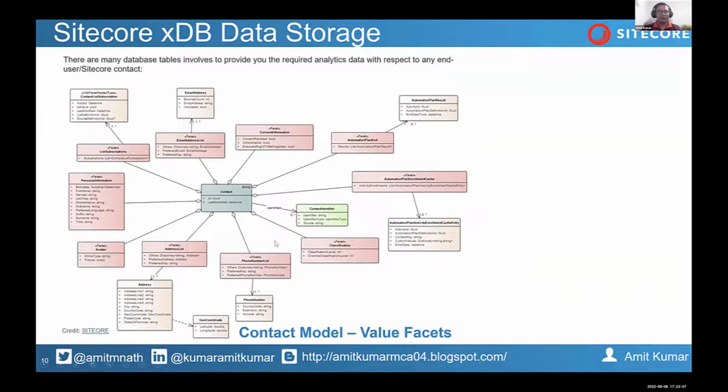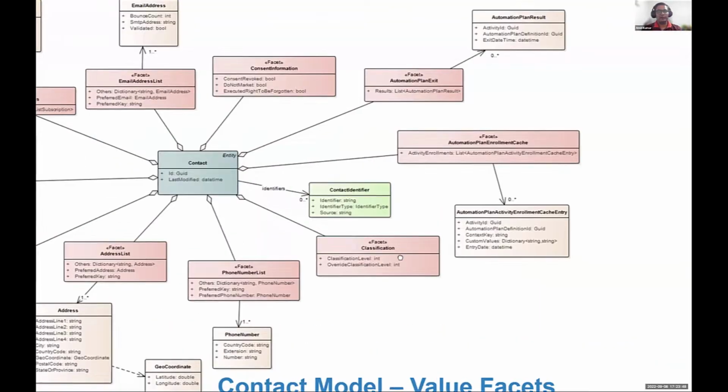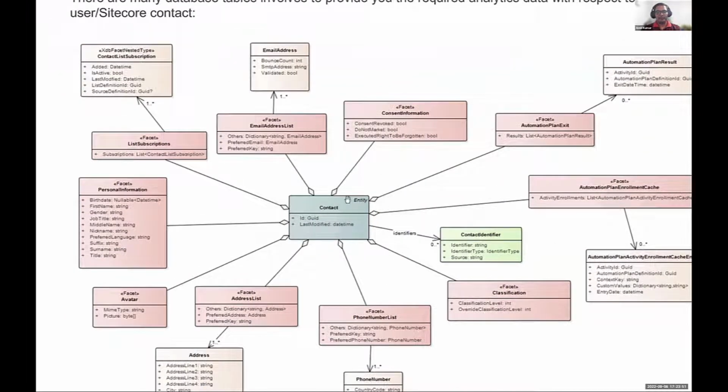And with the help of this model, if you are seeing here, the contact ID entity is the main entity, and along with that you are having many relations with the other facets like email address facets, personal information, address list.